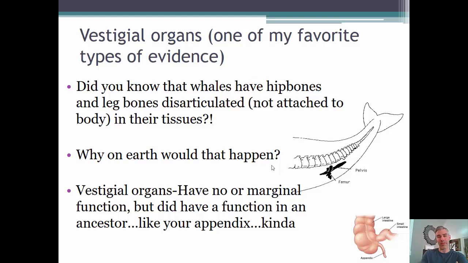So it's important for that function, but it's not really necessary. We don't need it. In our mammalian ancestors who ate only plant material, it actually was an important place where the bacteria that helped them to break down cellulose lived. So we cannot break down cellulose.